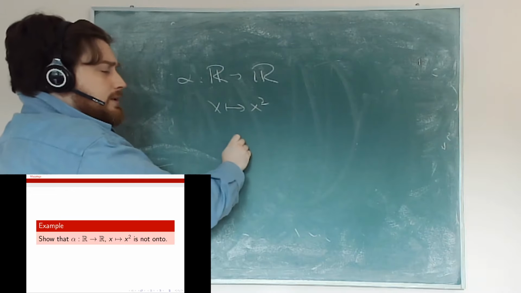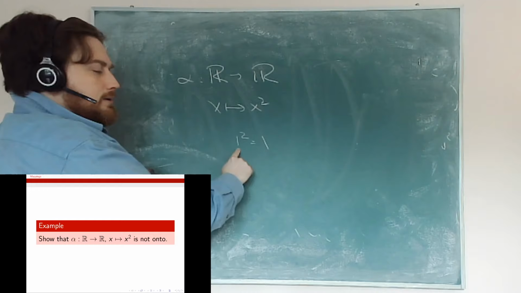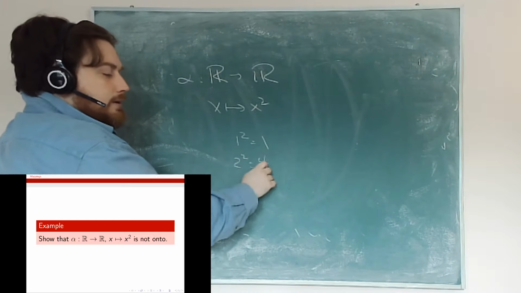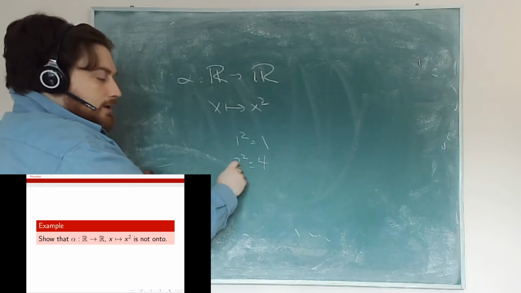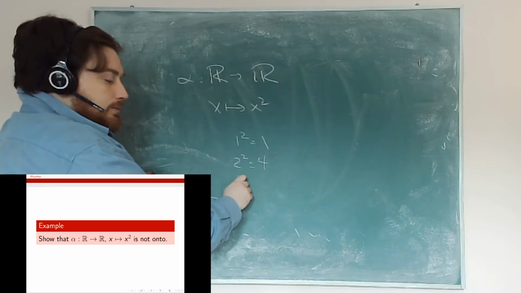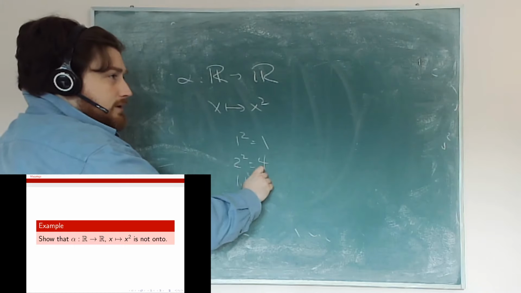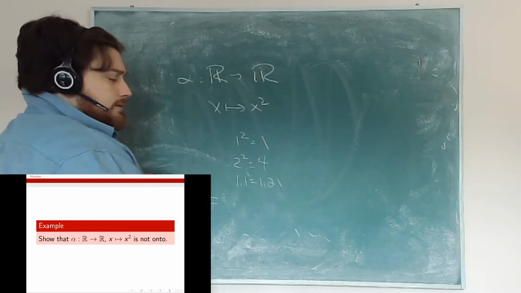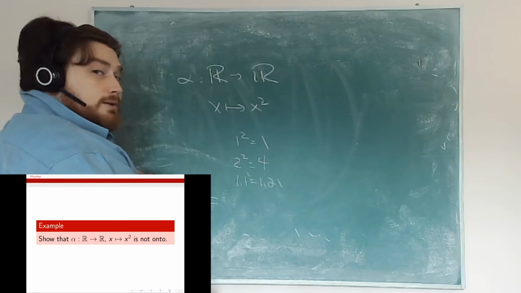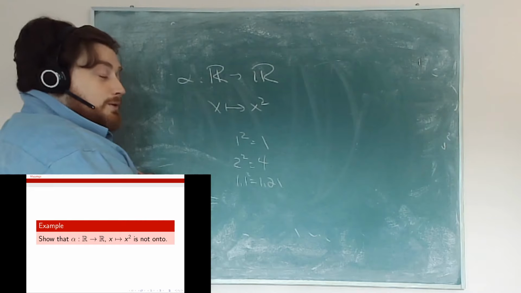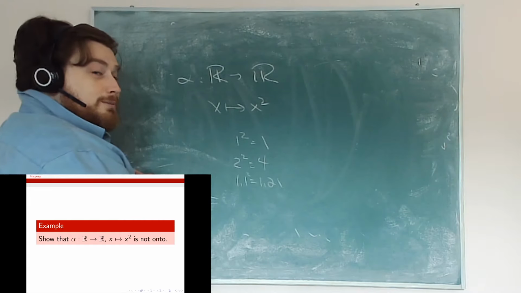Well, notice that 1 squared is 1, so since 1 squared is 1, 1 is in the range. 2 squared is 4, so 4 is in the range. 1.1 squared is 1.21. Hopefully I did that correctly, otherwise you have it in video evidence that I don't know how to multiply, which would be really embarrassing.